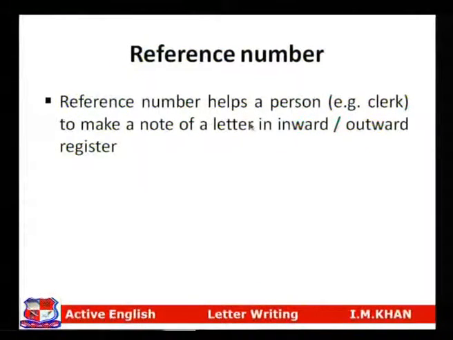Reference number helps a person, for example a clerk, to make a note of a letter in the inward or outward register. Dear students, you might know that in every institute, firm, company or academic institution, two registers are maintained. They are called the inward register and the outward register.